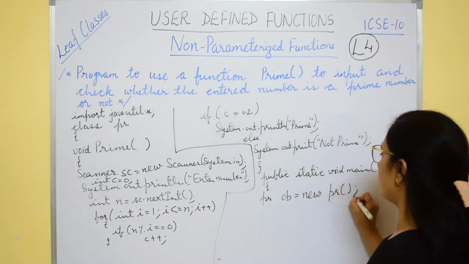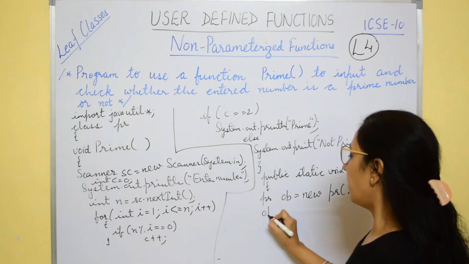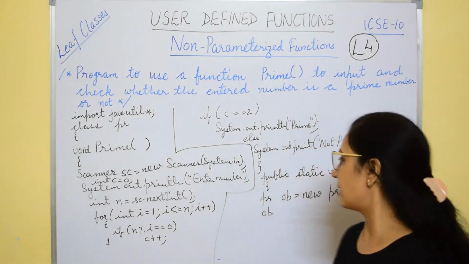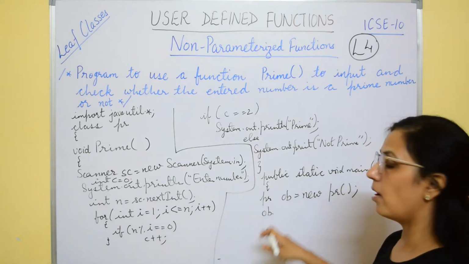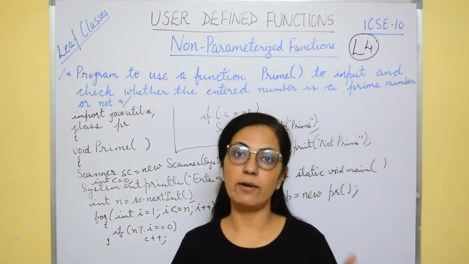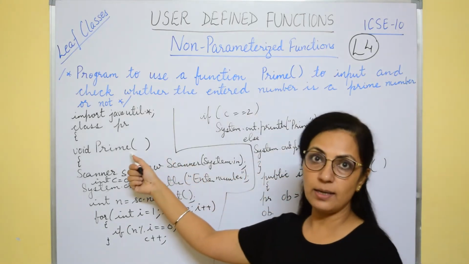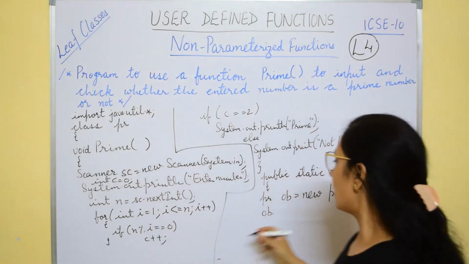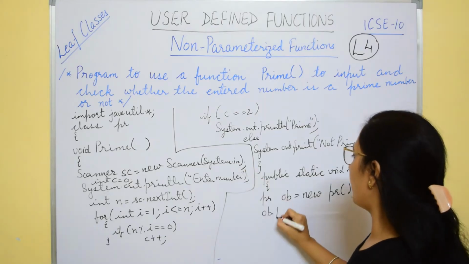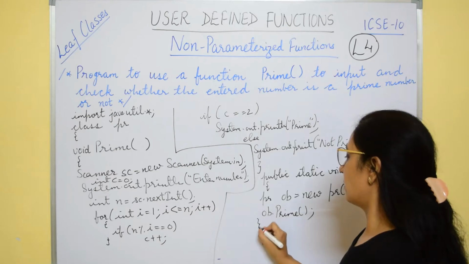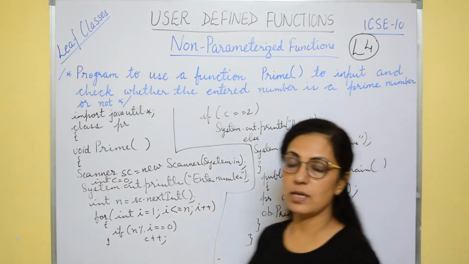This is how we do, and then it is very simple, just calling the function, nothing else. OB is the object name. We always call the function using the object name when the function is non-static. So OB.prime(); and that's it. Closing your main and closing the class.